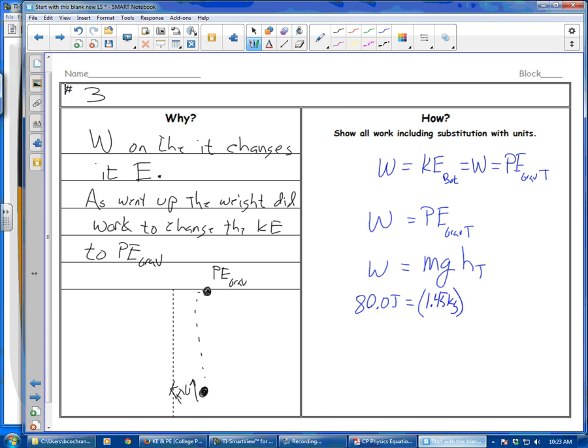I'm assuming this is taking place on Earth. Per kilogram. And the height. It's always good to have a variable to look for. There you go. Do your math and it will come out. Let me know if you need help individually on this one.